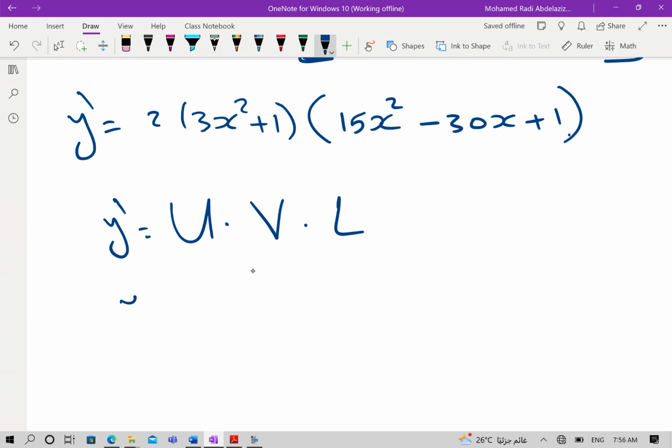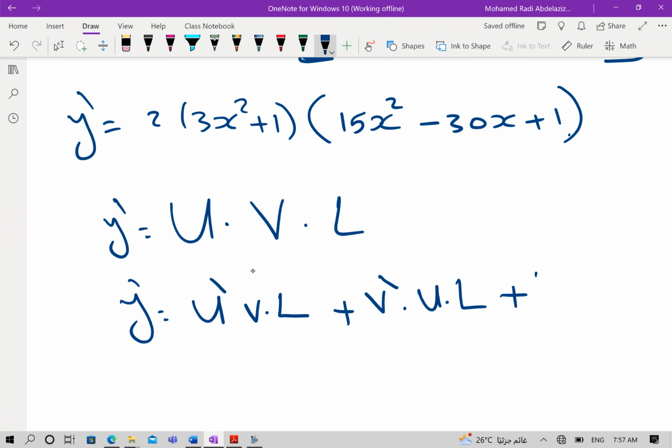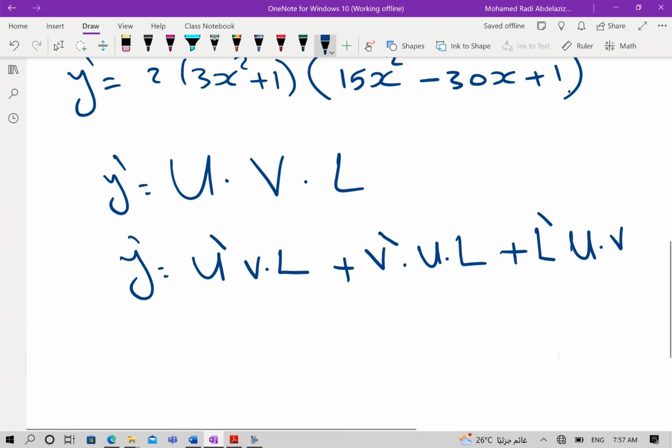Or by the same way, we can find differentiation of first, multiply second and the third, plus differentiation of second, multiply first and third, plus differentiation of third, multiply by first and second. You will get your answer.